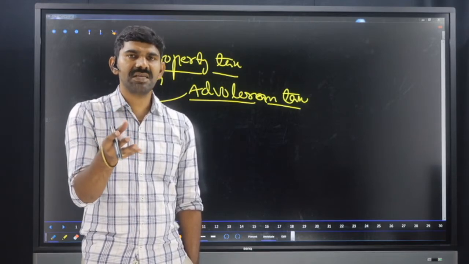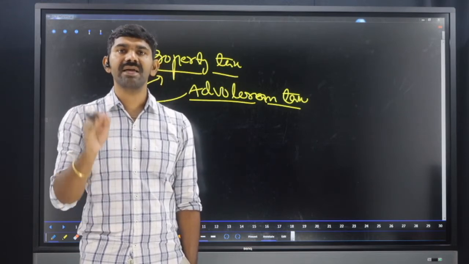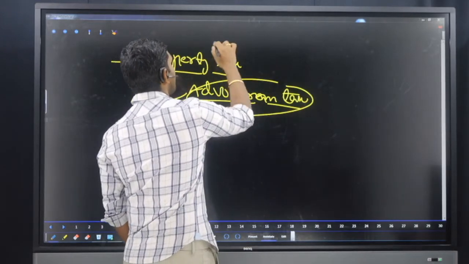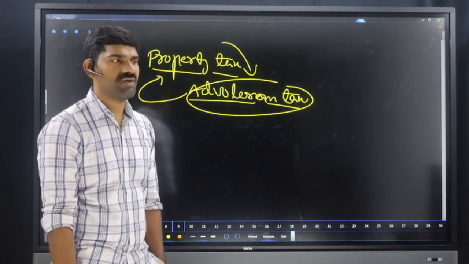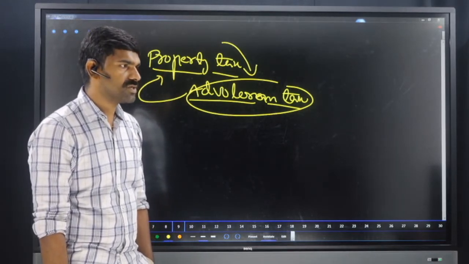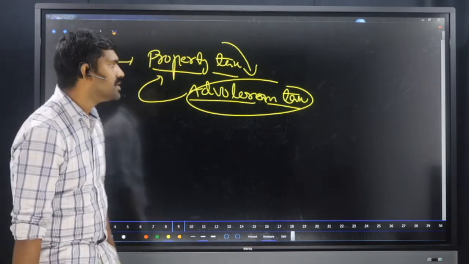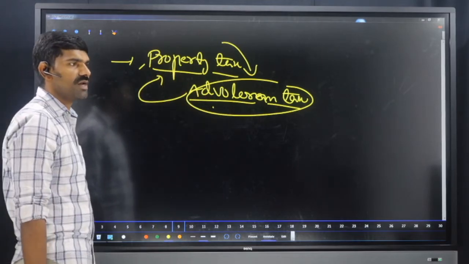If the value of the item is less, the tax is less. So if the tax is dependent on the value of the commodity, that tax is called ad valorem tax. So property tax is an example of ad valorem tax. For garbage collection, roads, fresh water supply, yes, that's true, Asriyasha. Okay, clear? Because you asked me about property tax, you also got one more concept, that's called ad valorem tax.